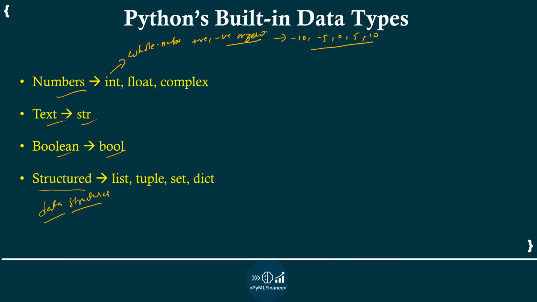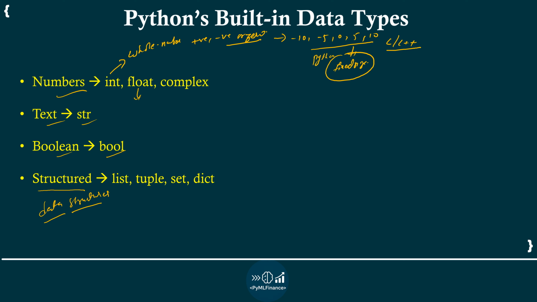Now there is one more thing. Unlike programming languages like C or C++, Python integers don't have a fixed size. In C and C++ there is a fixed size, but Python automatically allocates or increases memory as the number becomes larger.